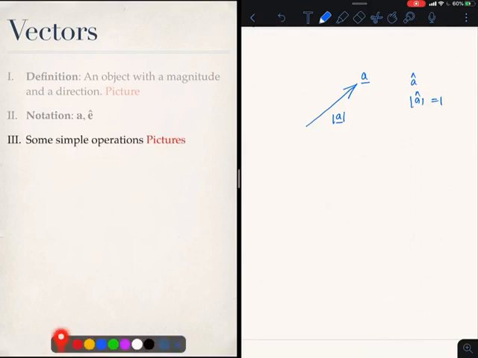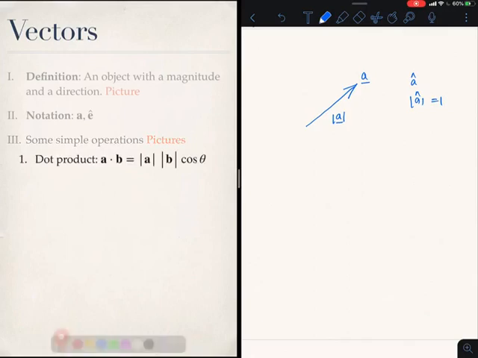Okay, so here are some simple operations with vectors which we are all familiar with. Let's try. So a dot product. Suppose I have two vectors A and B, and I can always measure an angle between them, which let's call theta.